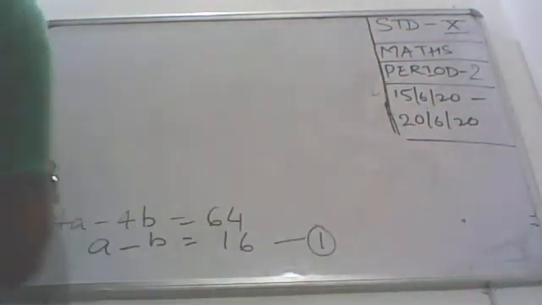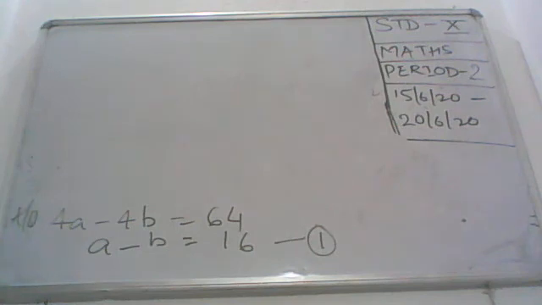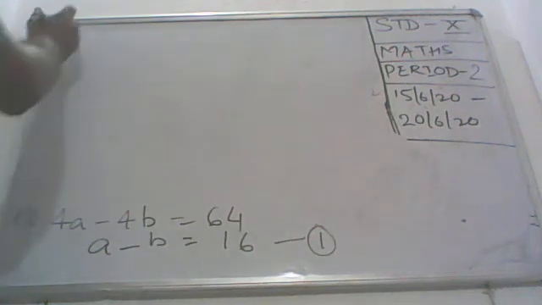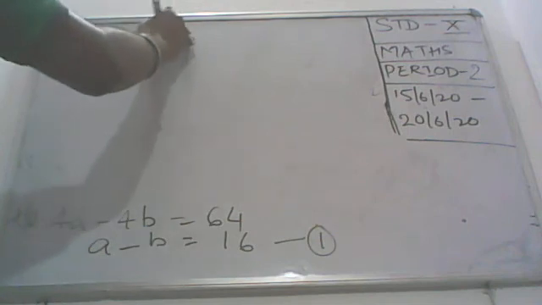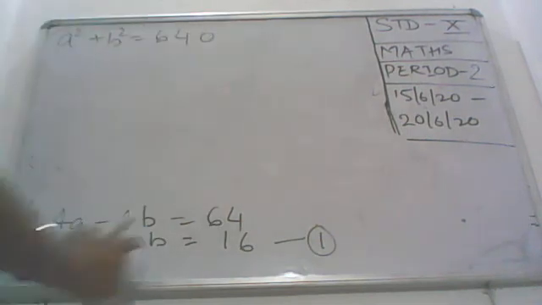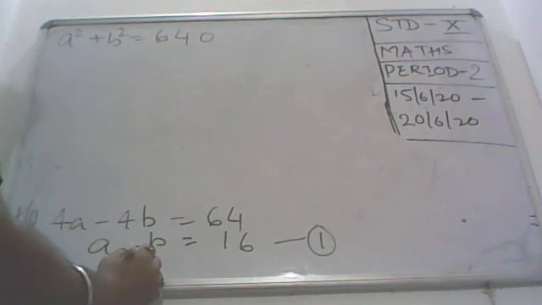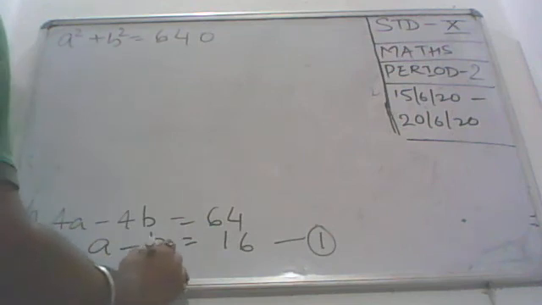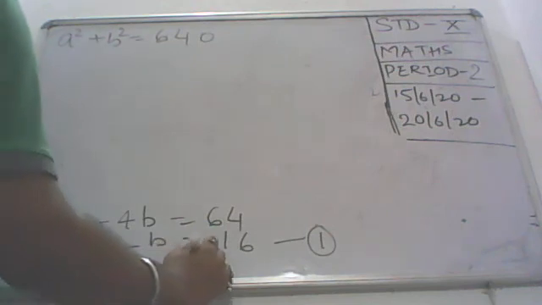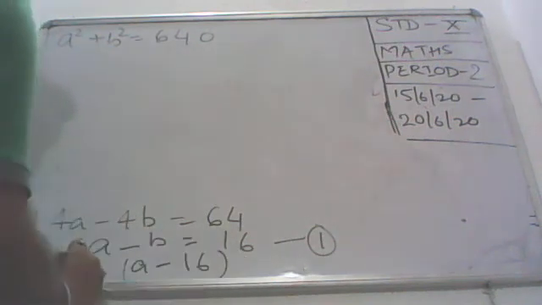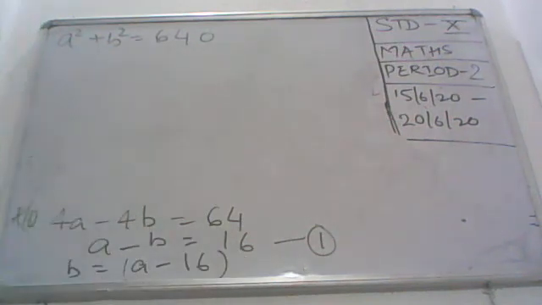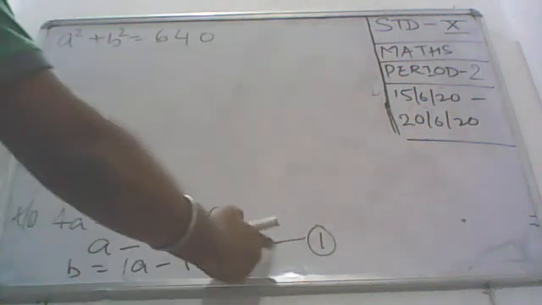Now see here. What is the second equation? The second is saying that a square plus b square is equal to 640. What is b? From here we can write b is equal to a minus 16.